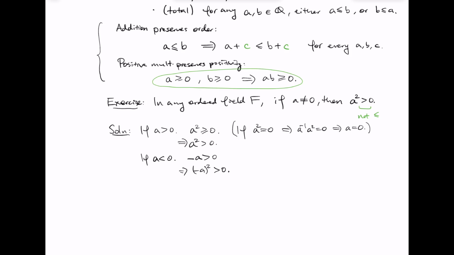Well, minus A squared by definition is minus 1 times A times minus 1 times A. Now, because multiplication can be swapped, it's an abelian group, this means that it's equal to minus 1 times minus 1, and then times A times A. Now, minus 1 times minus 1 is just 1, and that's just A squared. So therefore, A squared, which is equal to minus A squared, must be bigger than 0.